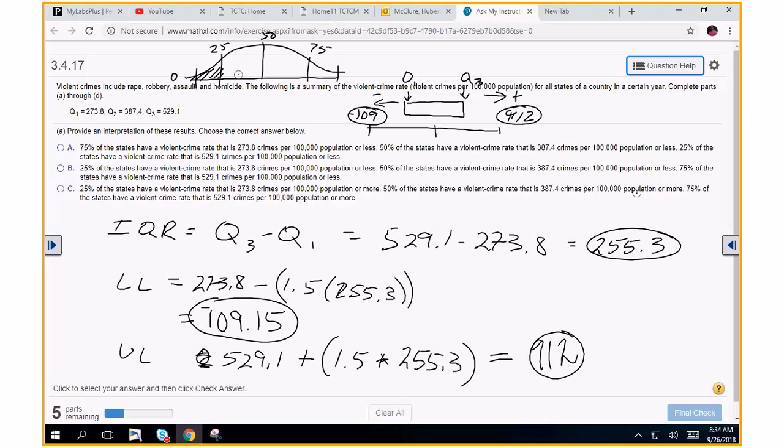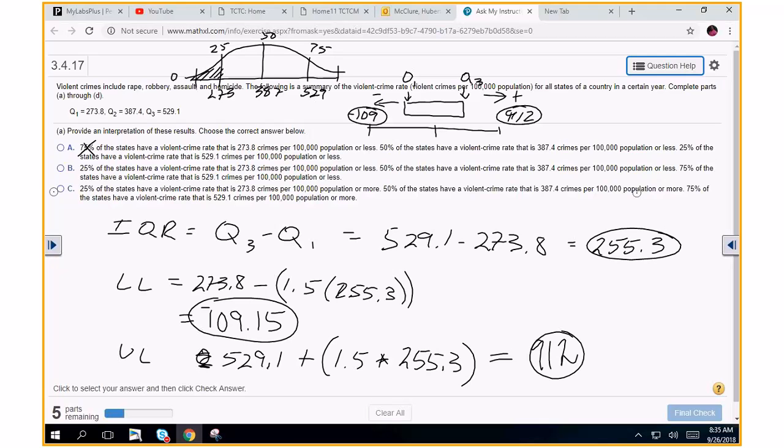Here, 50% of the population. So I don't think it's A, because it says 75% of the crime rate is 273 or less. Well, 273 or less is right here. See, this is 273, this is 387, and this is 529. So that can't be right.